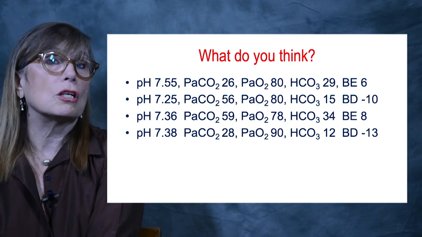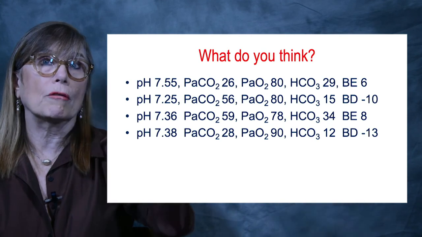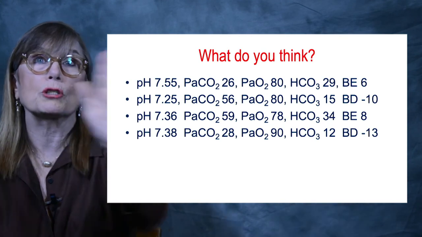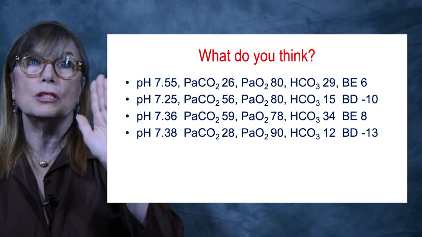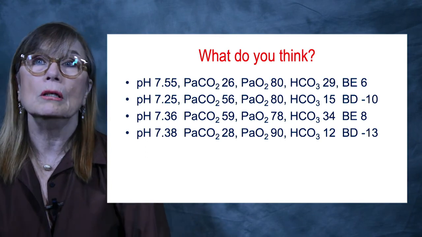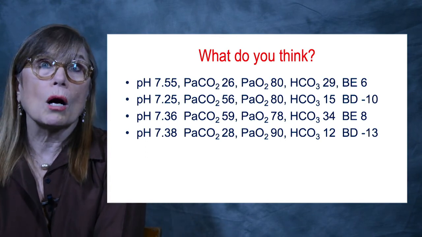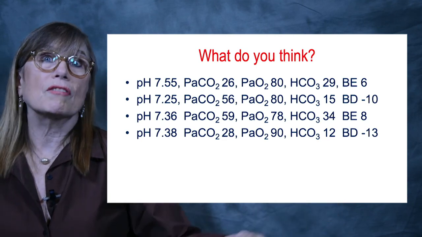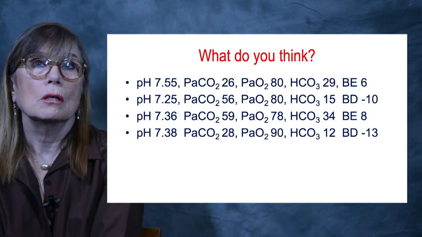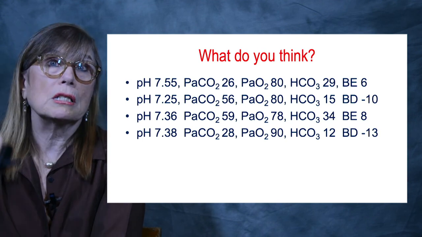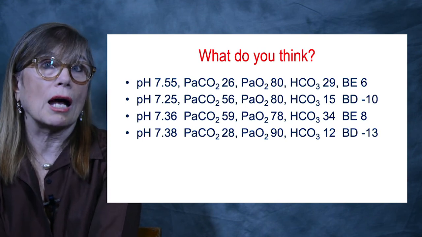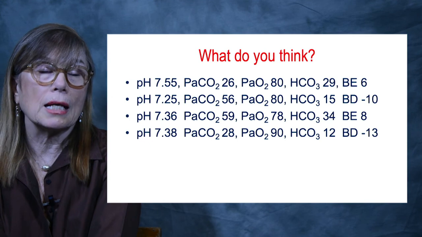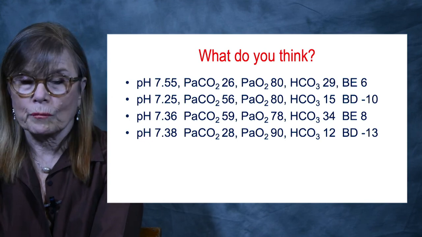I look at PaCO2, which is 28, not perfect, down and outside of range, which means I'm blowing off CO2, I'm blowing off the acid. My bicarb is 12 and my base is negative 13, so I have very significant metabolic acidosis. My metabolic acidosis has made my pH on the acid side, but I compensated by blowing off CO2.